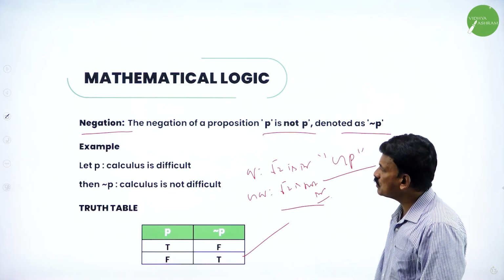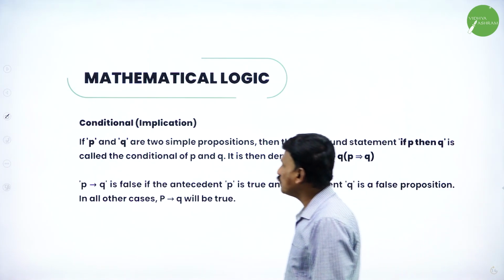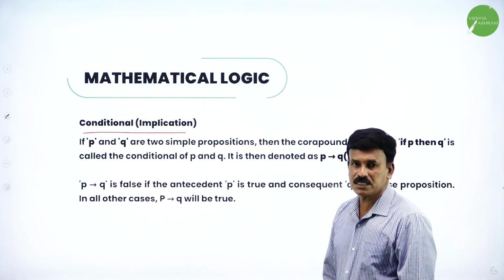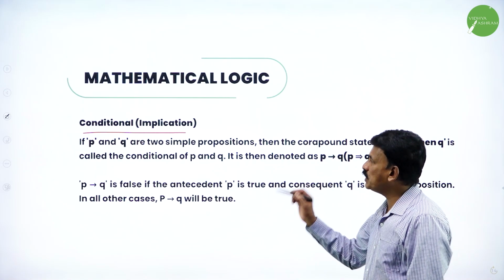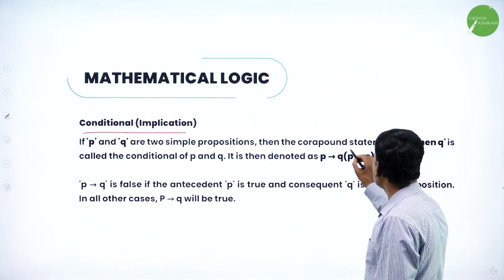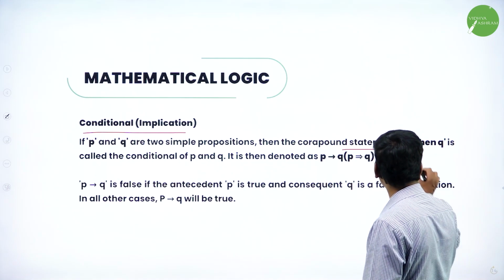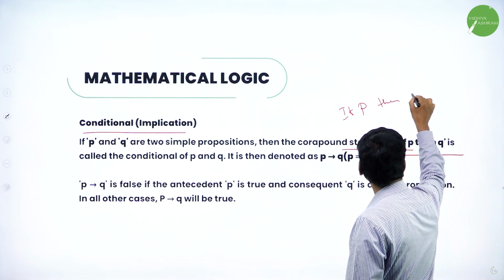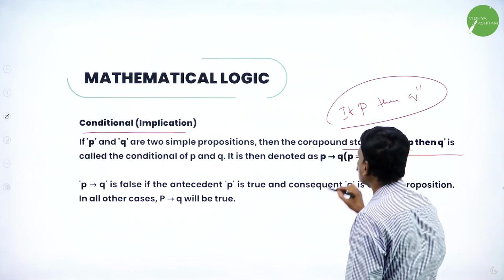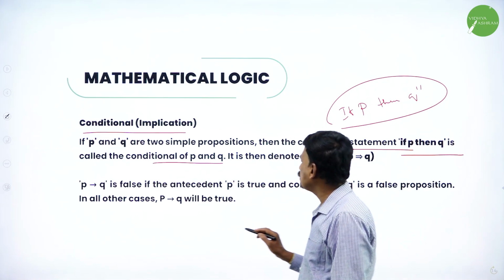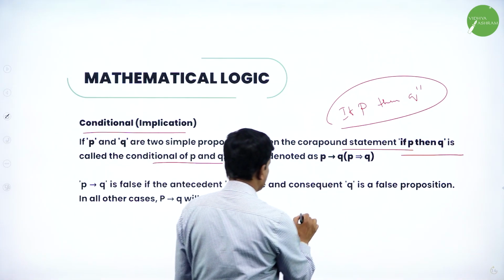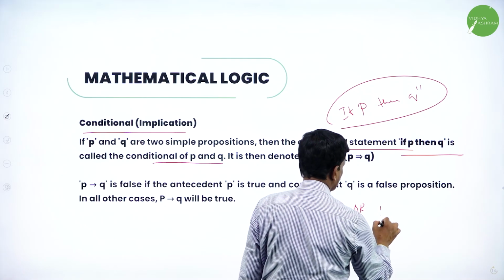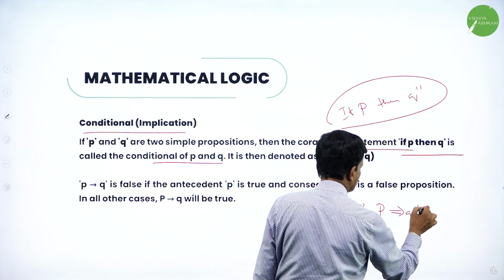Now let us know the third one, fourth one, very important: conditional, that is called implication. Conditional statement, implication. So if P and Q are any two simple propositions, then the compound proposition, if P then Q, is called the conditional of P and Q. P conditional to Q is denoted as this, or sometimes we may also represent it like this.